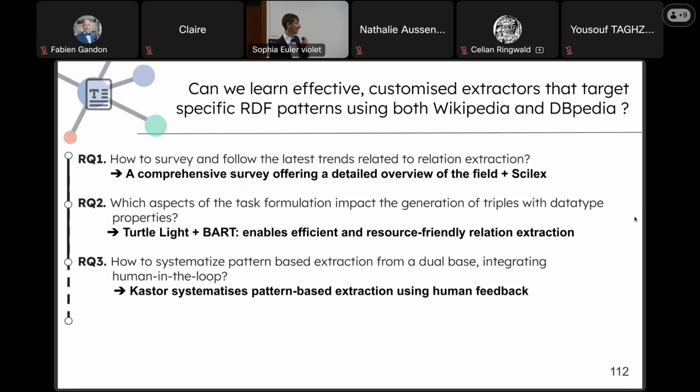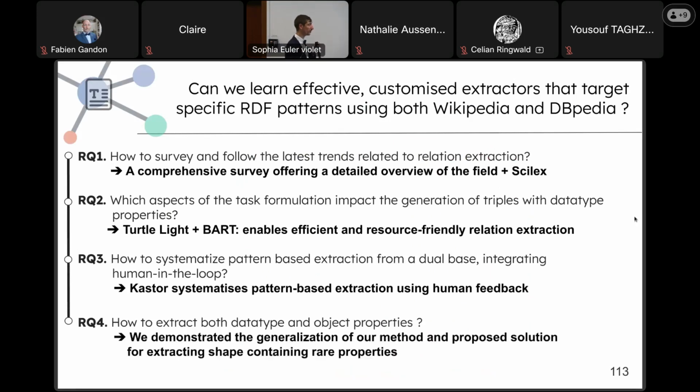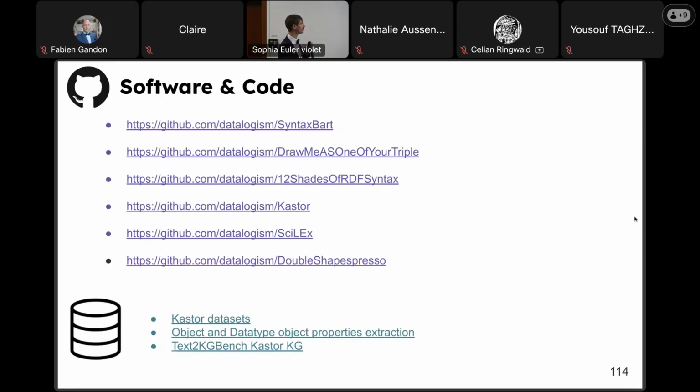In our third work, we propose to systematize this process with the framework CASTLES, that enables to fine-tune relation extraction models using human feedback. And finally, we demonstrated that our models are able to generalize over different types of properties, and we also propose a solution for extracting shapes containing rare properties.